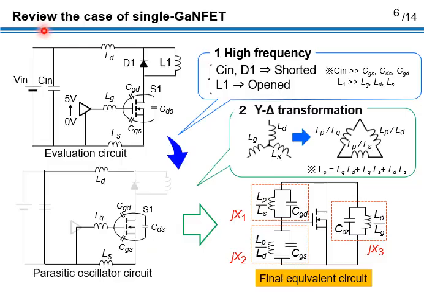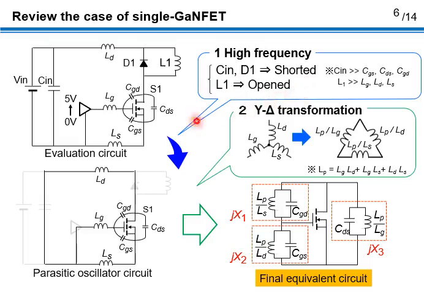I review the case of single GaN-FET. I will convert an evaluation circuit to a parasitic oscillator circuit. First, because the oscillatory false triggering has very high frequency, we can regard capacitance Cin and diode D1 as short circuit. On the other hand, we can regard the inductance L1 as open circuit.